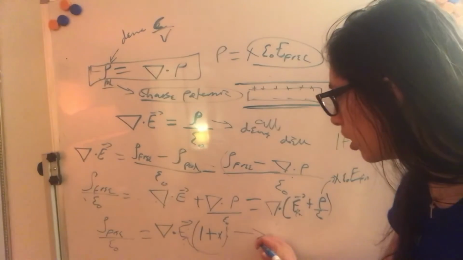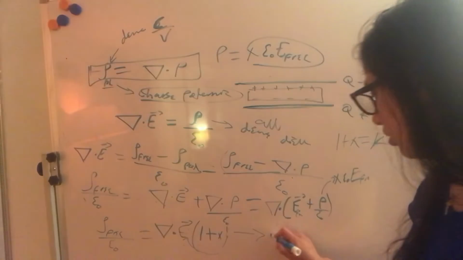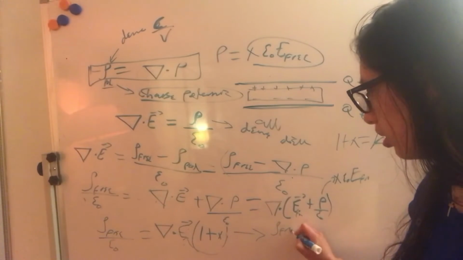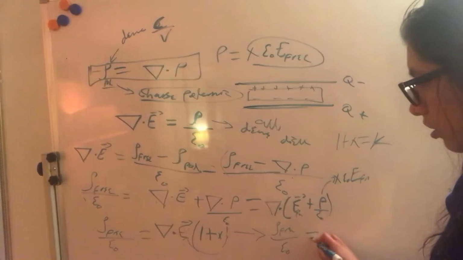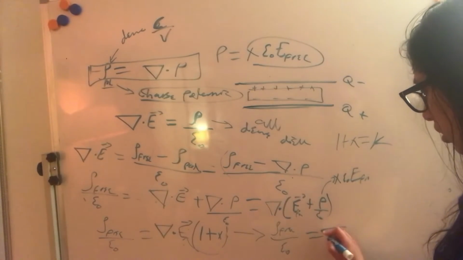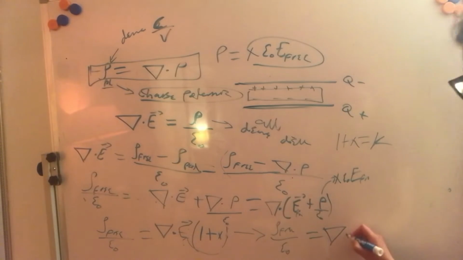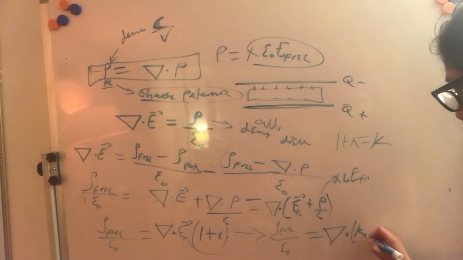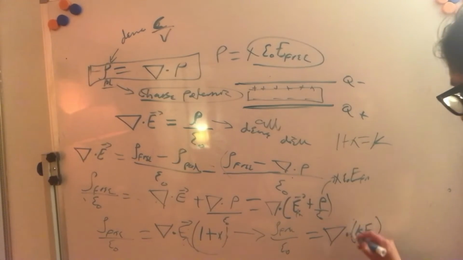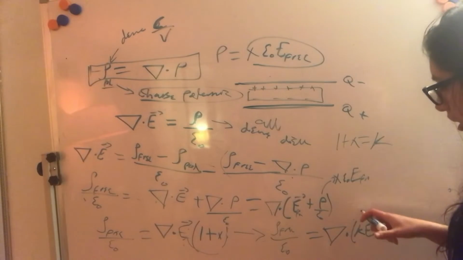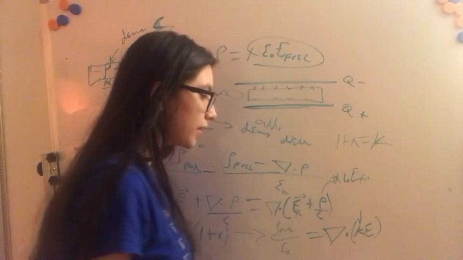So we have that the free charge density divided by epsilon naught is equal to the divergence of the electric field times the constant. The general form is to put the constant inside the parentheses, so we are taking the divergence of all this, because sometimes this constant could change, so it is not a constant.